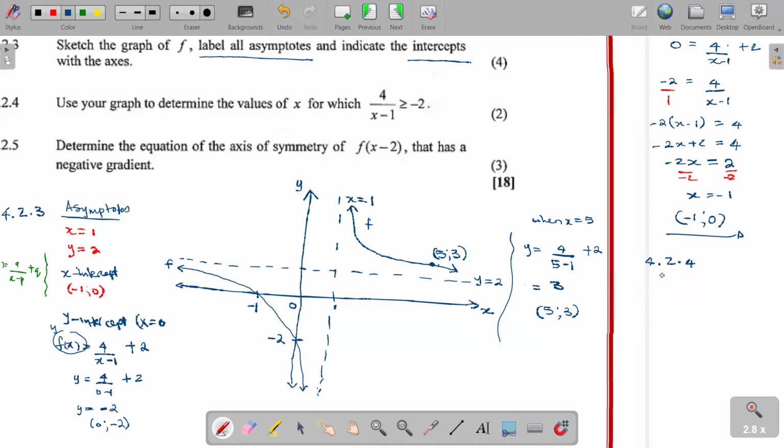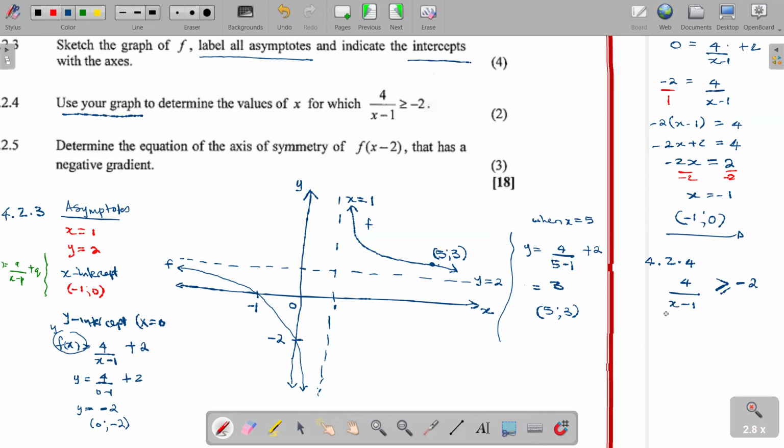It's saying use the graph to determine the values of x for which 4 over x minus 1 is greater than or equal to -2.